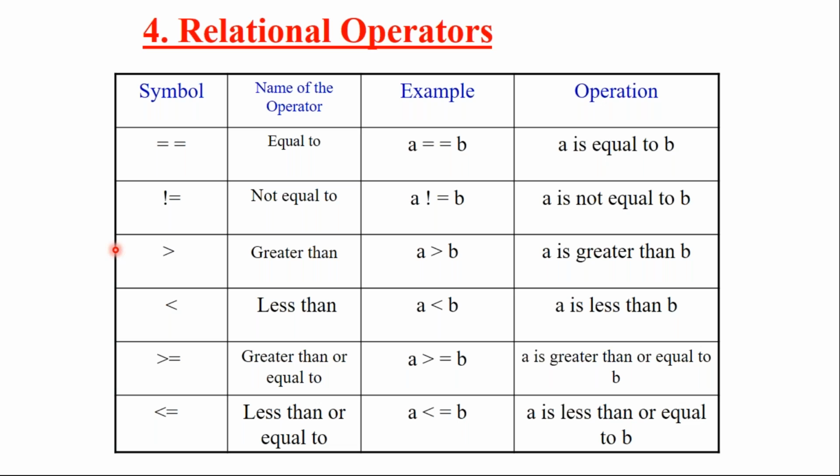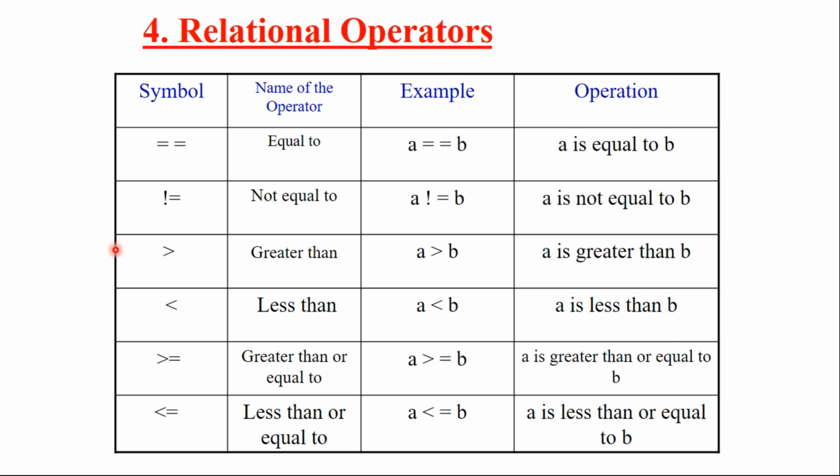Next, relational operators. Relational operators are simply called comparison operators. If we are having two variables x and y, and we want to compare those two variables, we need to have some sort of operators here. These are the operators which we call relational operators.